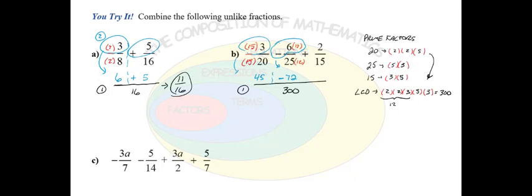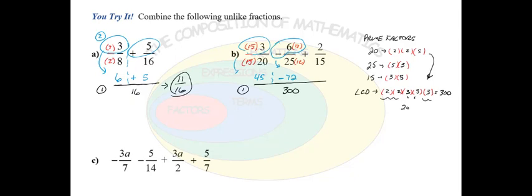Alright, so the last term, the 15, again, what do I need to multiply by 15? We could probably get the answer by thinking about it. But if we look at the prime factors, 15 has factors of 3 and 5. So that's these two, 3 and 5. And the missing ones are 2, 2, and 5, which is 2 times 2 is 4, times 5 is 20.